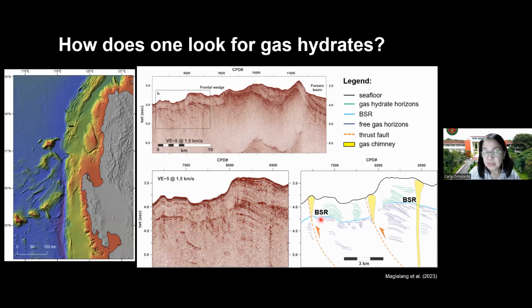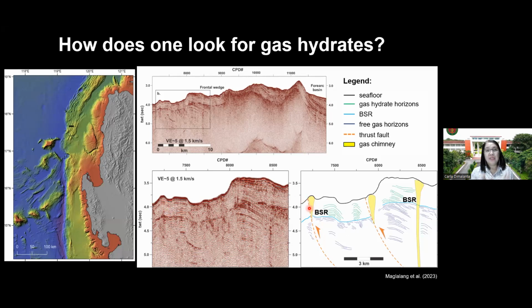So ito yung drawing natin of what we can see from this seismic section. Here, this is the BSR that we have delineated. Aside from the BSR, we were also able to delineate some faults. The interpretation here is that it is a thrust fault. And then there are also some features which we interpret to be gas chimneys.